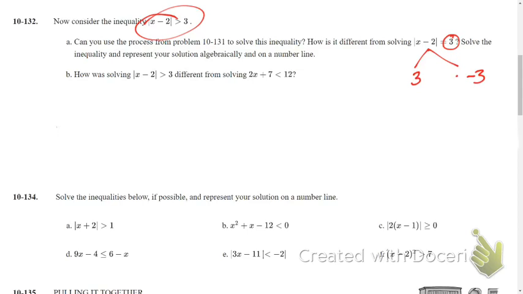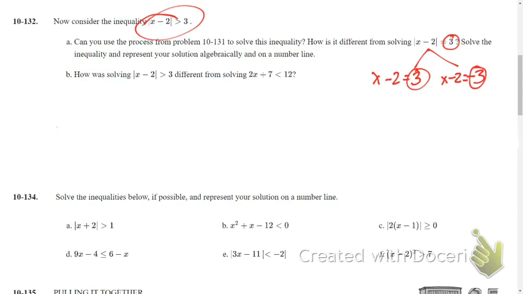So you're asking yourself, what is x minus 2 equals 3, and what is x minus 2 equals a negative 3? So you're solving it 2 times. One is the positive version, one is the negative version.